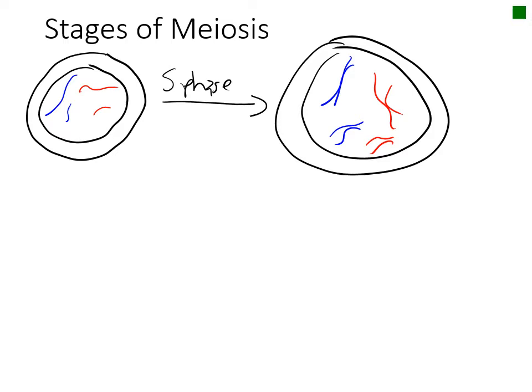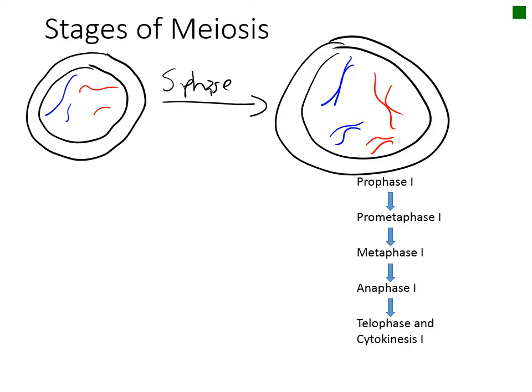The cell will then go through the same phases that occurred in mitosis: prophase, prometaphase, metaphase, anaphase, and telophase.